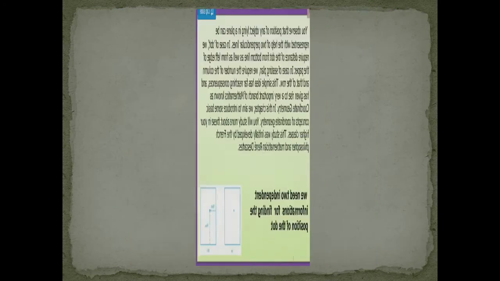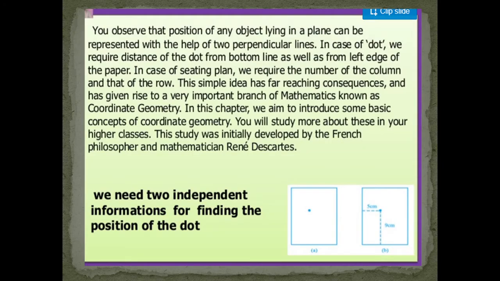So here, first of all, how the coordinate geometry chapter has arisen. It arises from the simple concept of how to locate a particular object. We can locate a particular object by using two references. For example, you take a small dot, like shown in the figure. This dot needs two references to locate it.